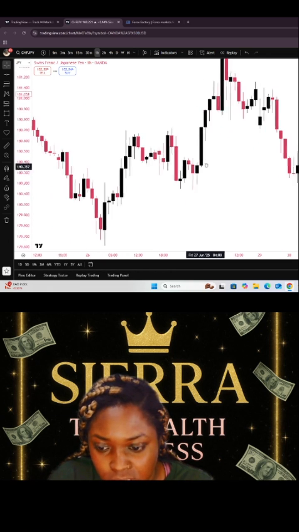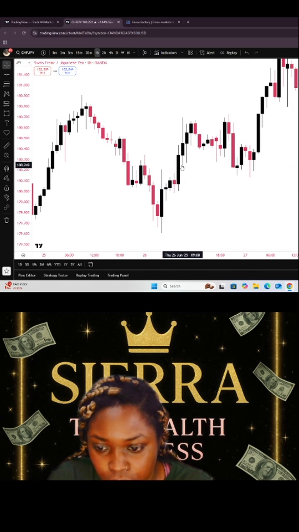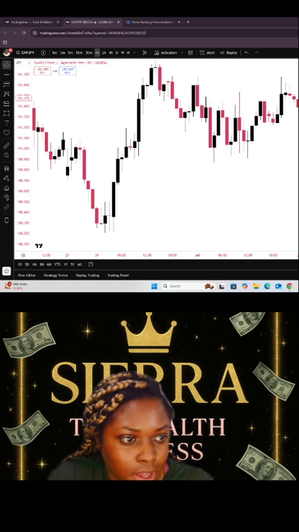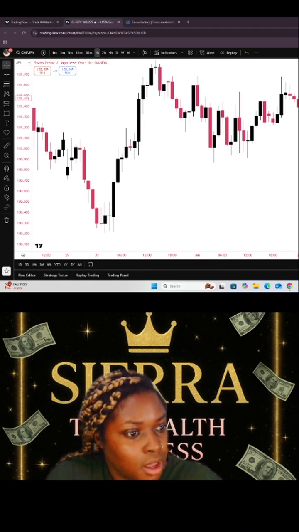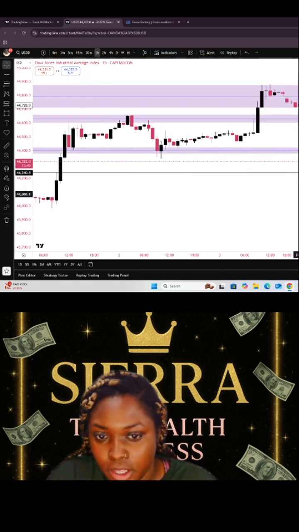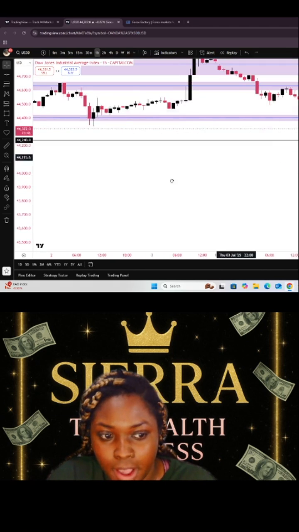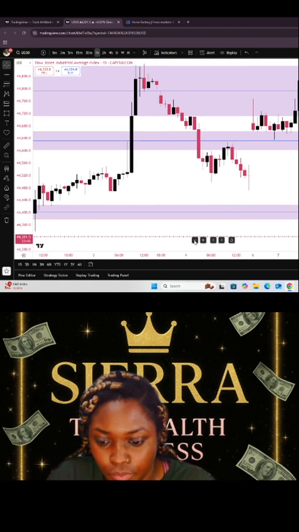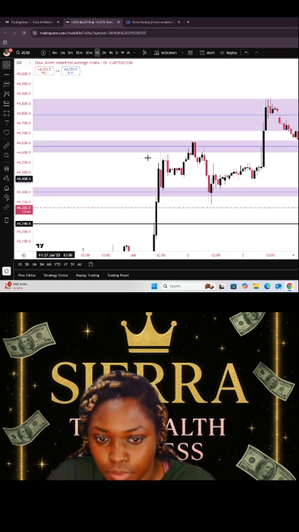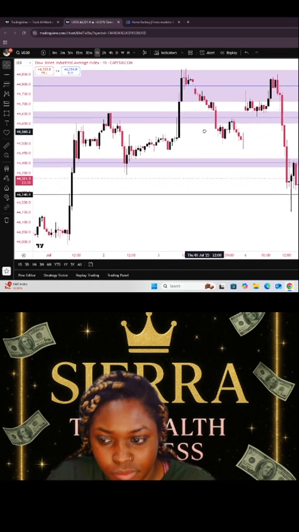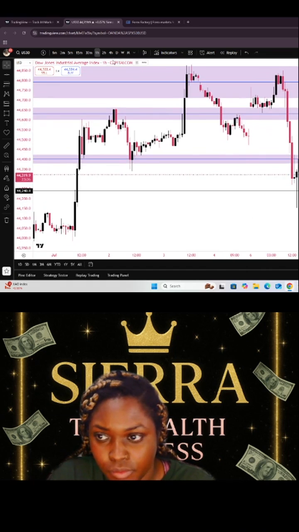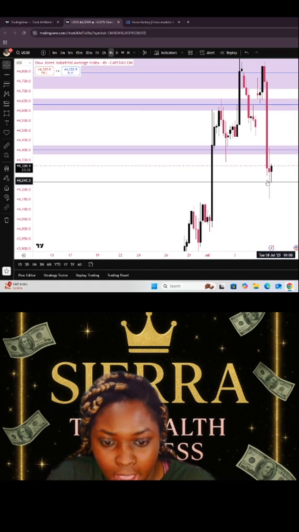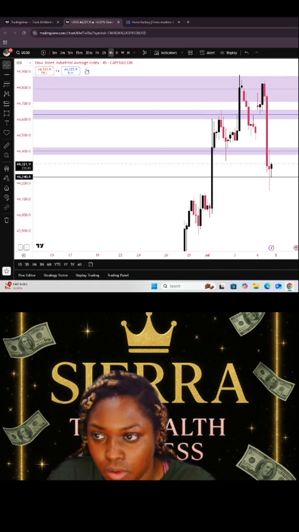What pair is this? This is CHF-JPY. But you have fair value gaps on all pairs, on everything. I can come over here to US 30, and this is what we marked up earlier, some fair value gaps. And as you can see, our zones are holding up. This is a 4-hour fair value gap that price is rejecting right now.